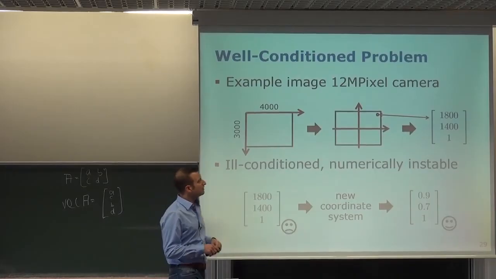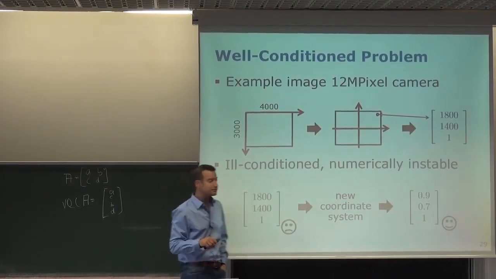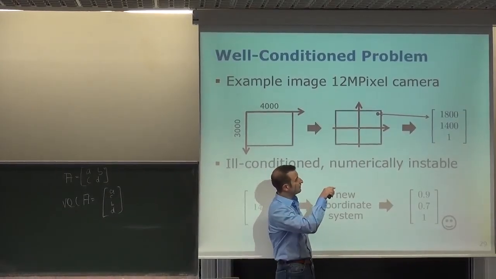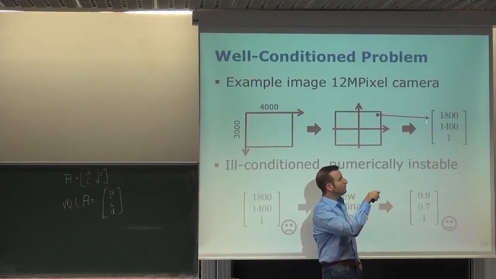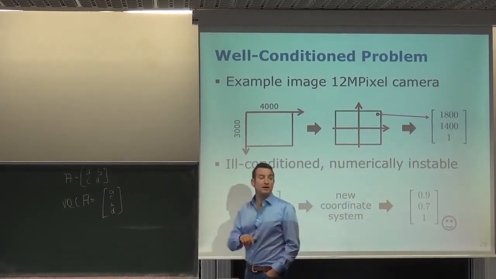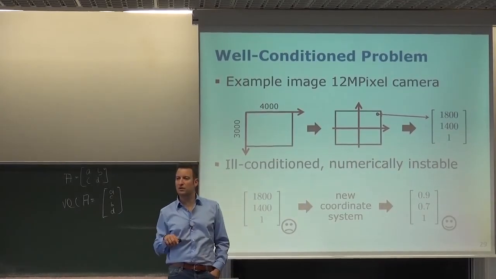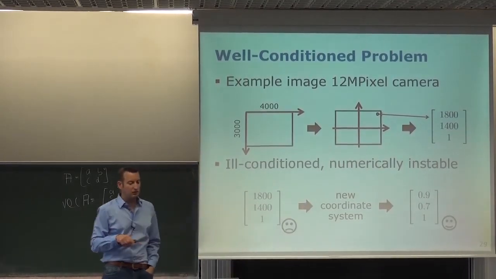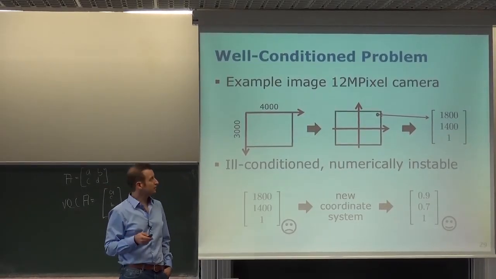We are working with these homogeneous coordinates, so if you have an image, let's say 3,000 by 4,000 pixels, and let's say I center the 0 around here, taking this pixel here into account would give me this vector over here. You can see already from this vector that you have some values which are rather large and some values that are rather small, which typically leads to a high condition number and a badly conditioned or ill-conditioned problem.